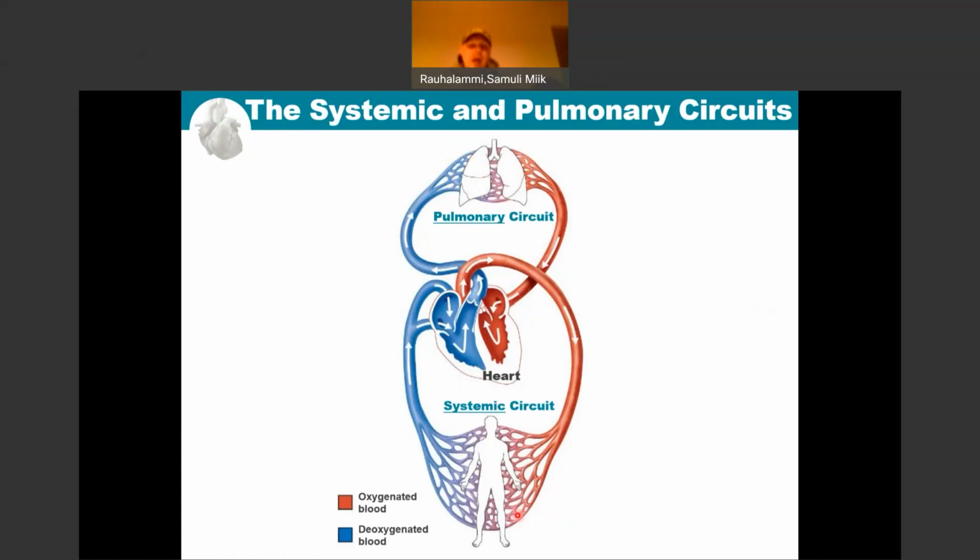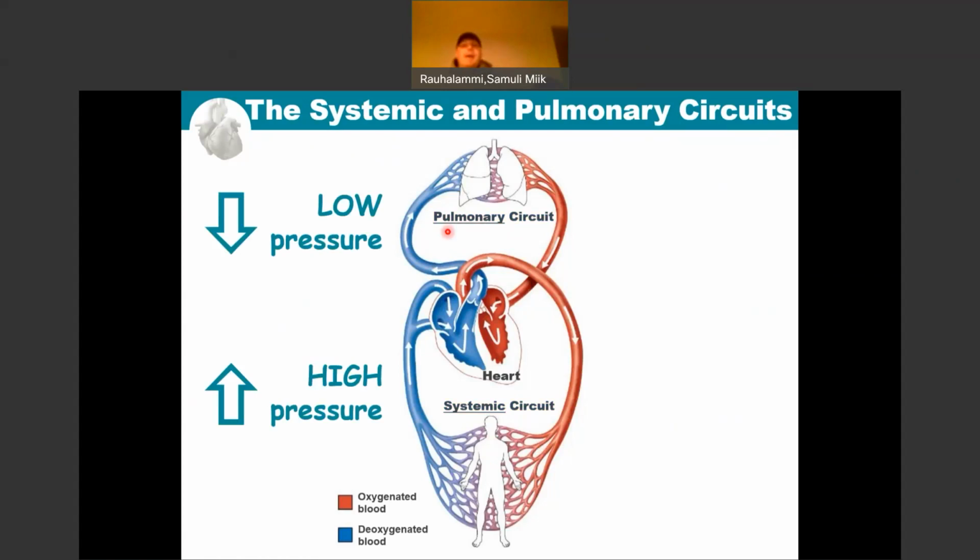However, there's going to be a lot of blood vessels where we are pumping the blood from the left-hand side of the heart to the systemic circuit. So to make sure that blood goes to all of these parts within the systemic circuit, that's going to take more force. So we end up seeing that the pressure with which the blood is pumped out of these two sides of the heart is going to differ.